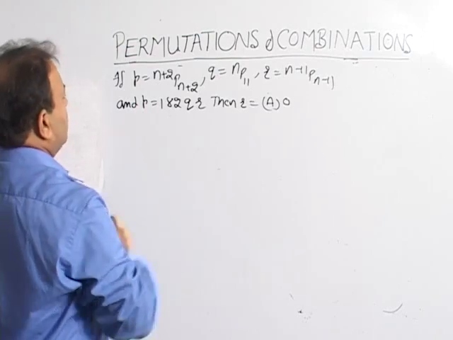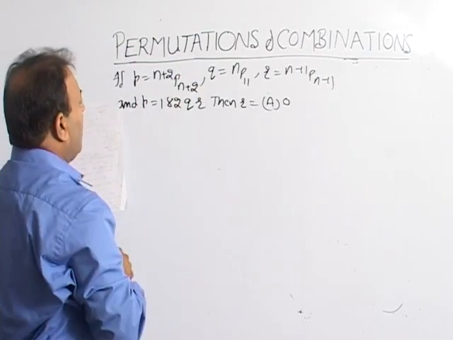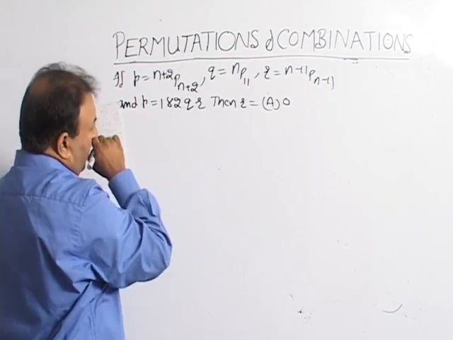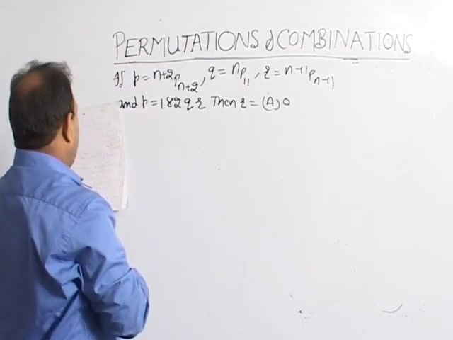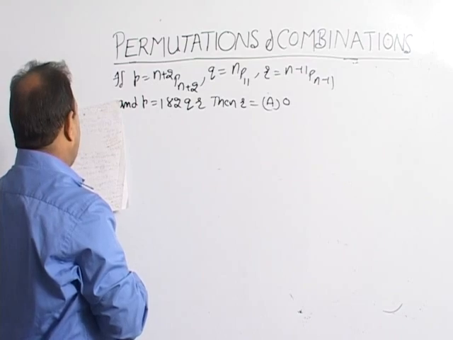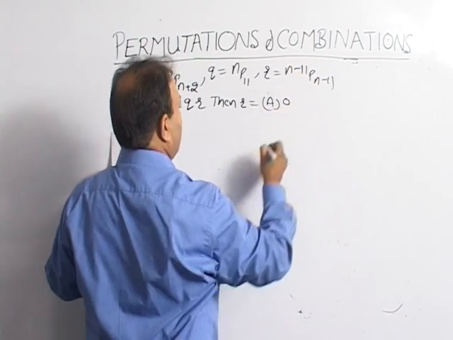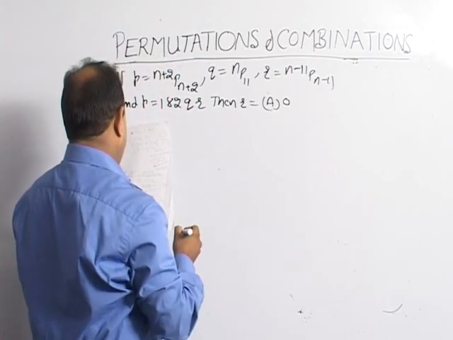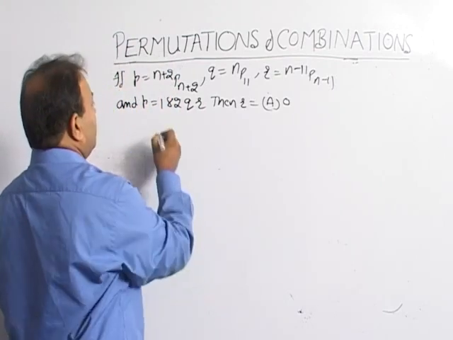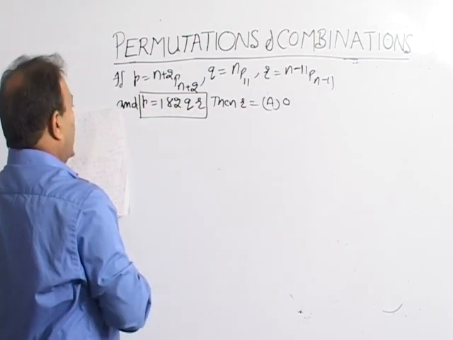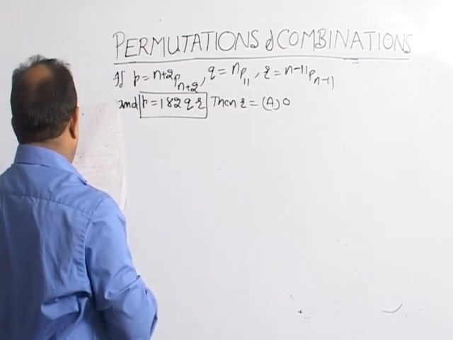See, the question is given: P is equal to n plus 2 P n plus 2. Q has been given as nP11. R is n minus 11 P n minus 11. And the relation we have been given in the question is P is equal to 182 into QR.